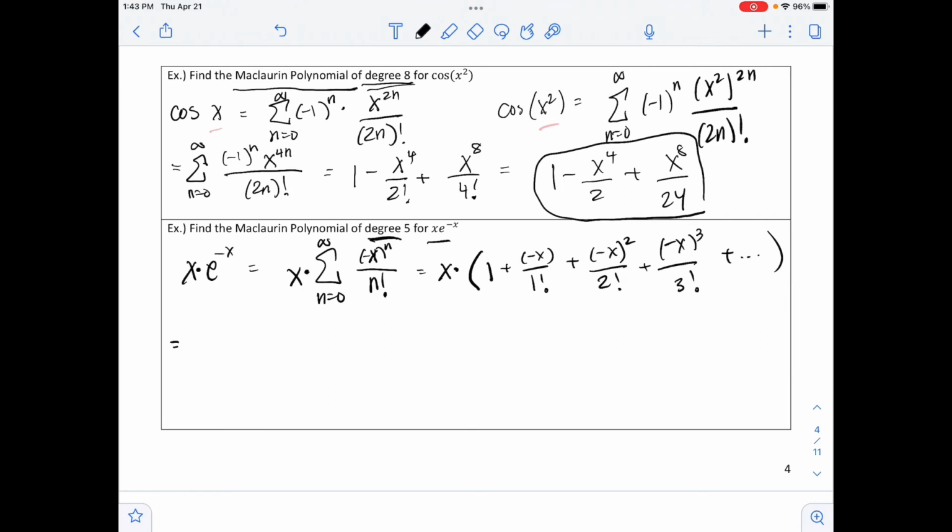So distributing through the x and simplifying this a little bit, we would have x minus x squared over 1 plus x to the third over 2 minus x to the fourth over 3 factorial, which is 6, plus, and then the next term would have been negative x to the fourth, and that would be positive times x would be x to the fifth, all over 4 factorial, which is 24, and this is of degree 5.